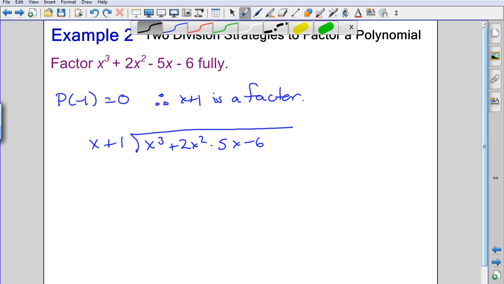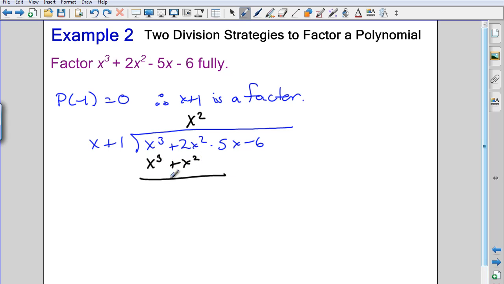So we go through, once again, x squared times x gives us x cubed plus x squared. If we distribute, we subtract both values, we end up with x squared minus 5x plus x squared plus x.